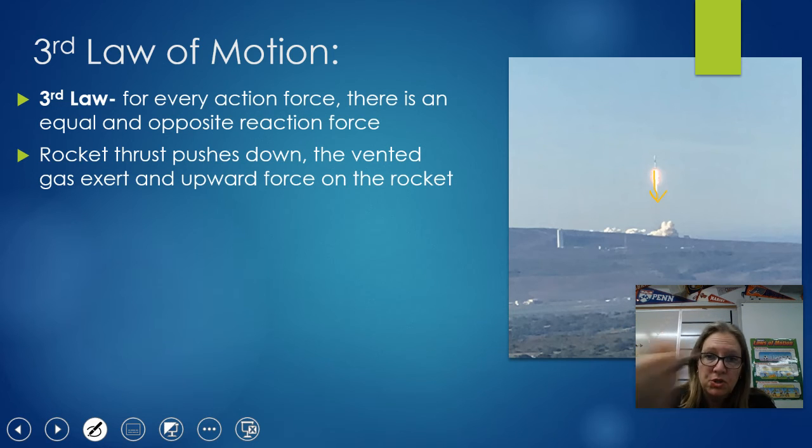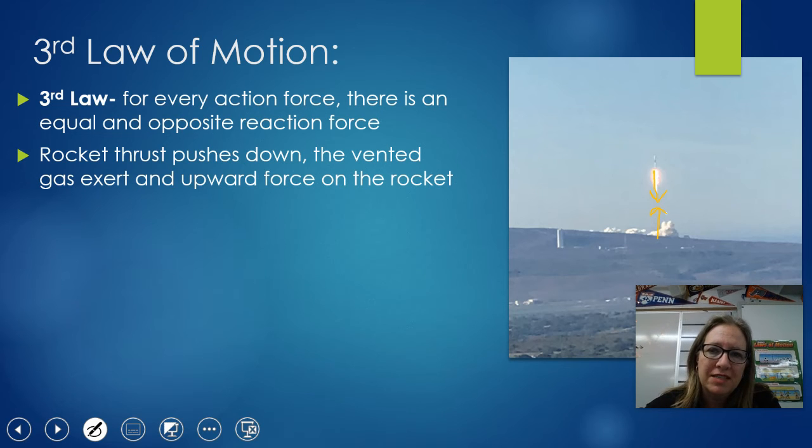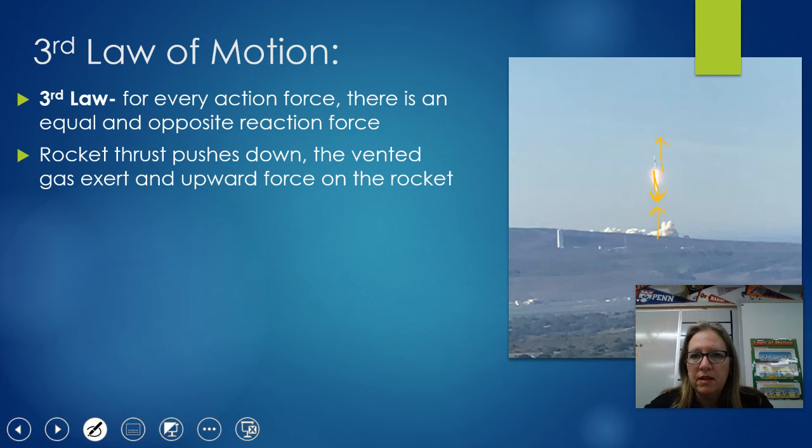And as it pushes on the ground, the ground pushes up with an equal and opposite force. And this is what allows the rocket to take off, okay? As the fuel continues to push out, it's also pushing up on the rocket in that opposite direction, okay?